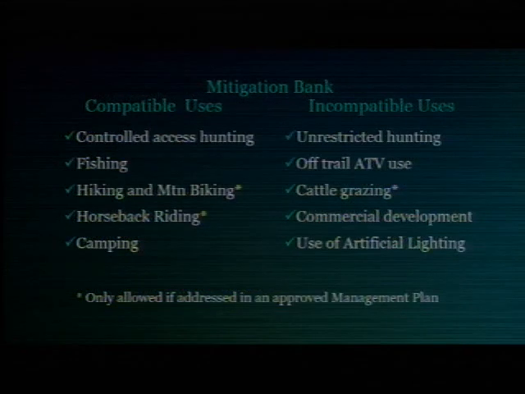So with a mitigation bank, there are several compatible uses that you can use at the same time as you have this mitigation bank that are listed here. Cattle grazing, hiking, mountain biking, and horseback riding can be allowed if there is a proper management plan in place.